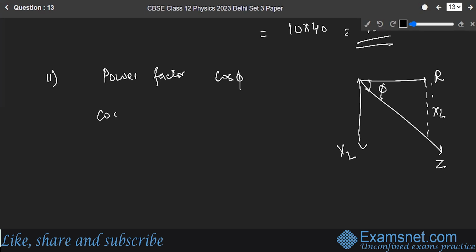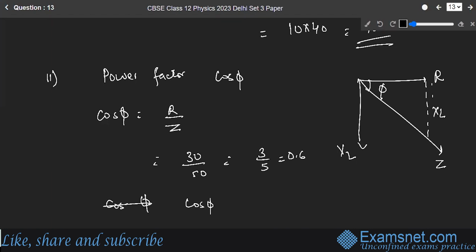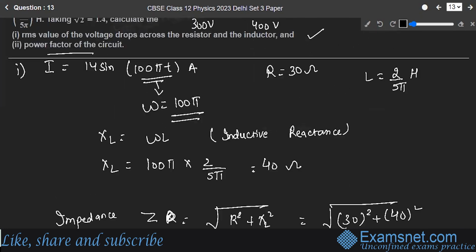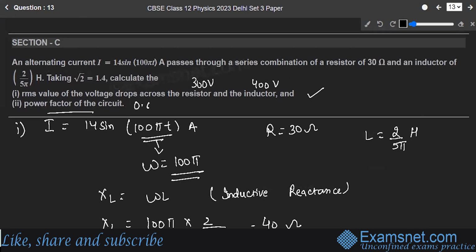So cos phi will be given by R upon Z. R was 30, Z was 50. So this is equal to 3/5, that is 0.6. So cos phi, that is your power factor, is equal to 0.6. This is the right answer to the question.